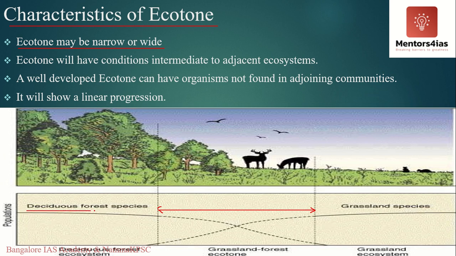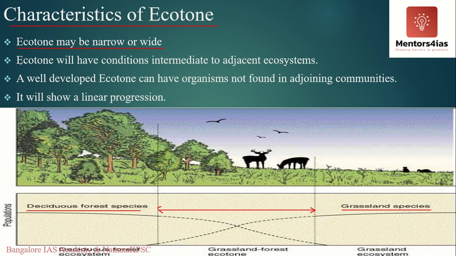Now, this transition zone between the forest and the grassland will be very narrow. So what I'm trying to say is that the transition zone between the forest and the desert is very wide, but the transition zone between the forest and the grassland is very narrow. And therefore, we say the ecotone may be narrow or it may be wide.